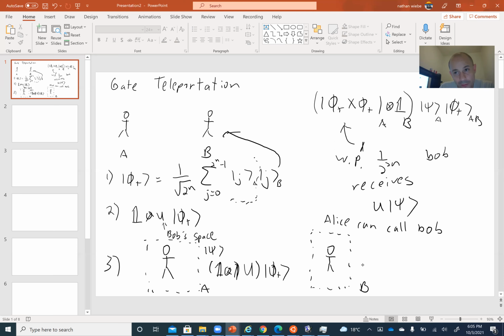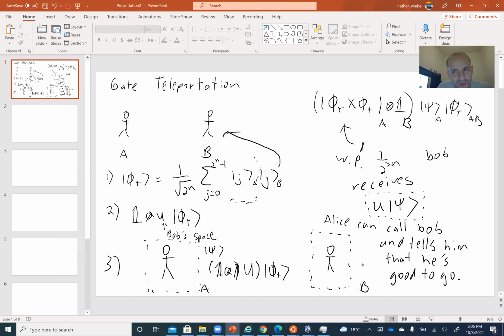And she can tell him whether or not the projection works, and tells him that he's good to go on his part of the processing. So basically, if Alice ends up successfully applying a projector onto the state phi plus, she can tell him that it worked. And then instantly, Bob knows that he has the correct quantum state and can begin to work off of it.